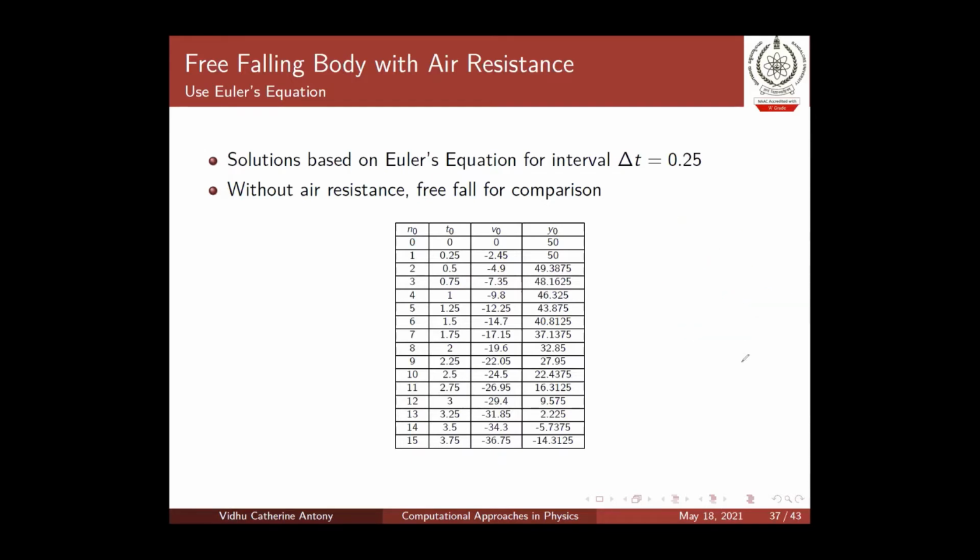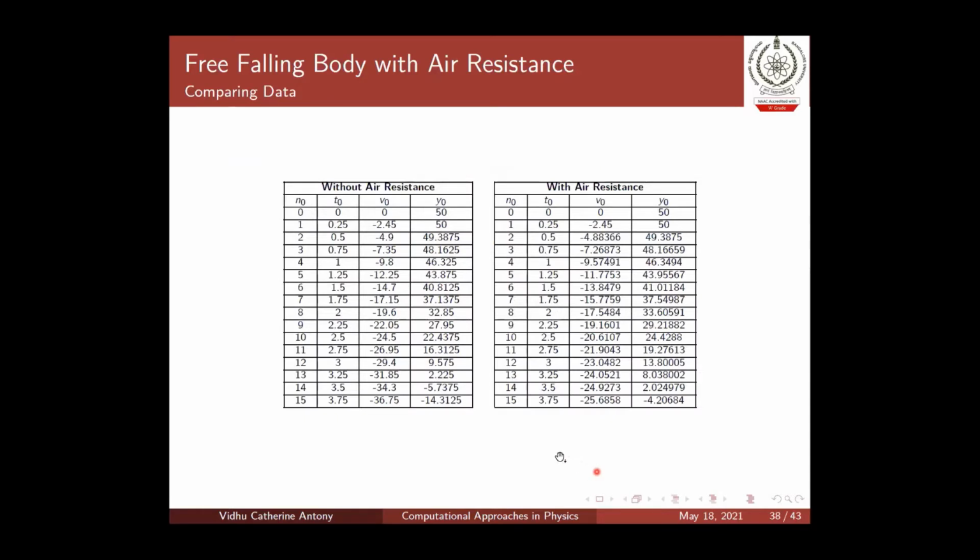Okay, now let's look at this. So let's compare. Okay, the reason why I want to compare is we can infer a lot from here. So when you initially start off, 50, 50 is what you get. The third term is also the same, 49.3875, 49.3875. But when you reach here, okay, so this is without air resistance, you do see that it is at a height lower as compared to that with air resistance. Okay, so let's say this is 48.16659.